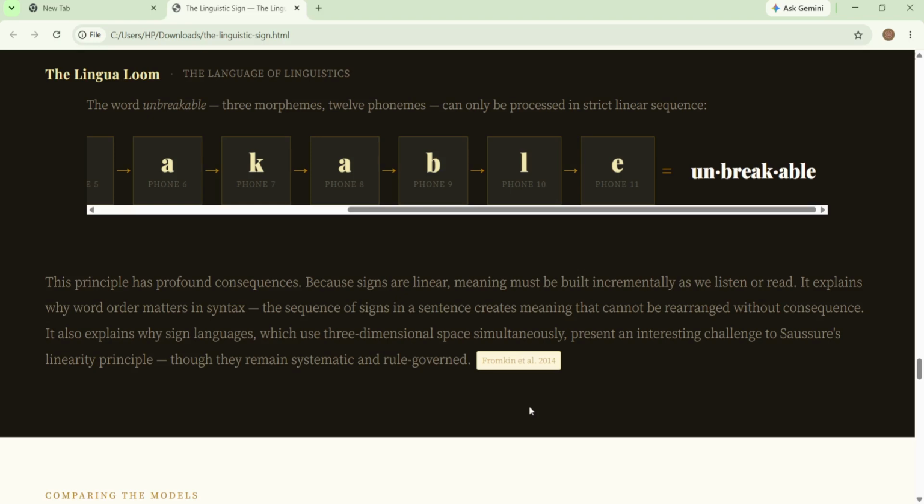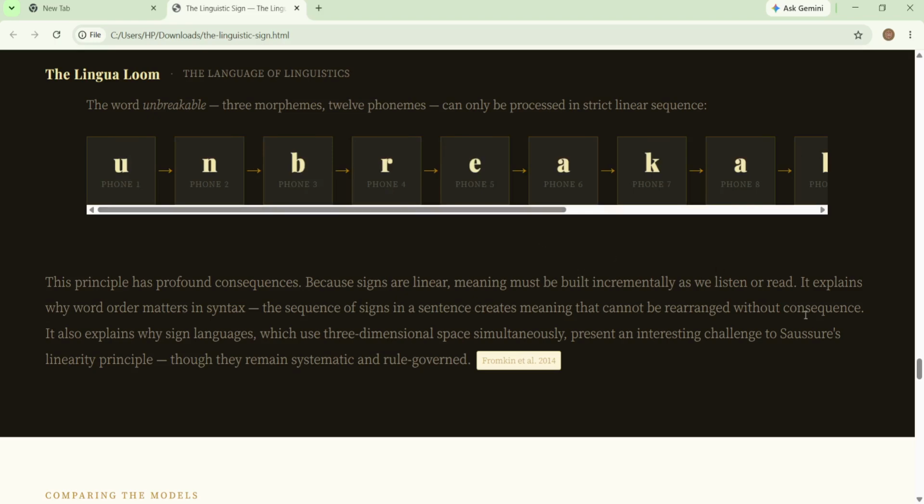It also explains why sign languages, which use three-dimensional space simultaneously, present an interesting challenge to Saussure's linearity principle, though they remain systematic and rule-governed. So the first one was arbitrariness, the second one is linearity, which shows that words are arranged in linear order. You cannot say one over another. They are horizontal in alignment, not vertical.